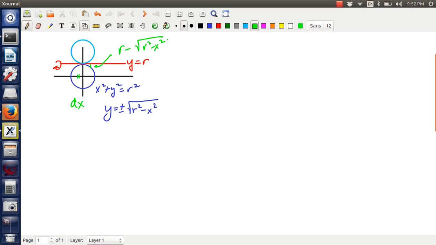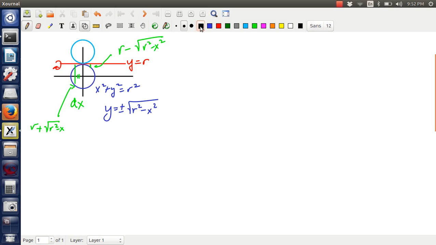But when you're on the bottom half of the circle, you take the bottom half of the circle, and then that distance has to be added to r. So you have two different pieces, and let me draw a little picture of that. So that's going to be going all the way back up. Okay, so you have two separate integrals.